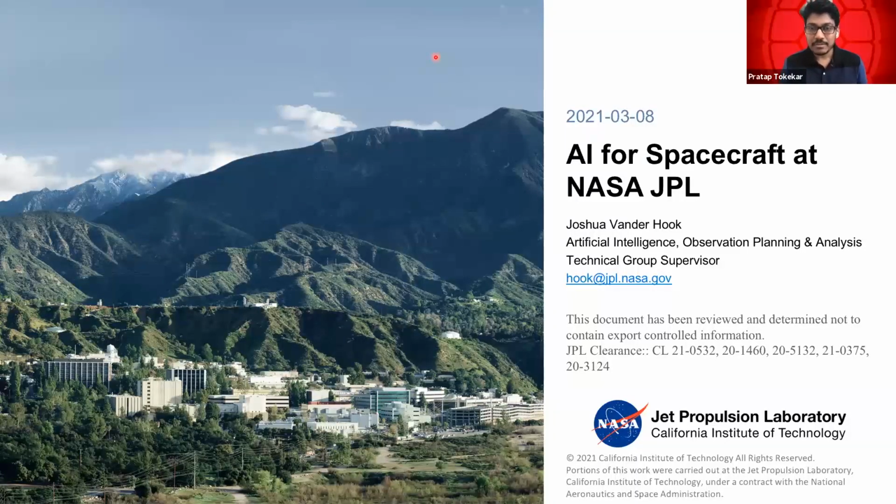His group, the AI Observation Planning and Analysis Group, is responsible for designing and deploying autonomous planning, sequencing, and scheduling to NASA instruments, robots, and spacecraft. Members of this group manage and contribute to deep ocean and under ice robotic explorers, the ISS, Earth Observing, OCO-3, Mars Perseverance, Curiosity rovers, Europa Clipper, Psyche asteroid mission, and a bunch of other DoD missions.